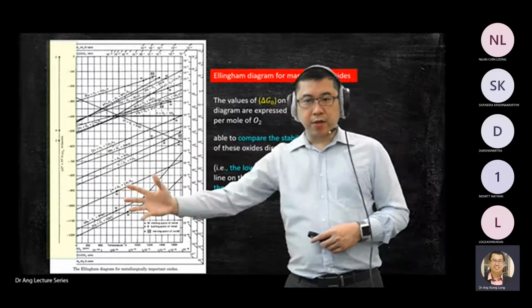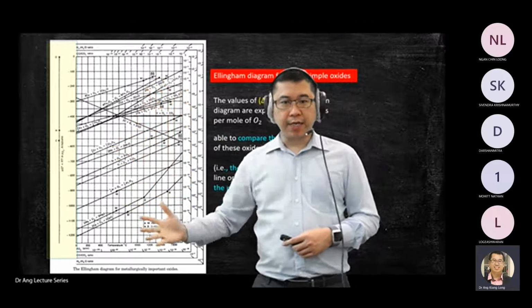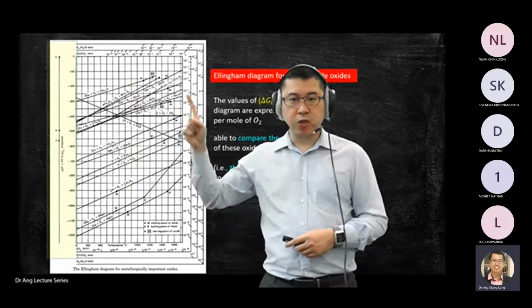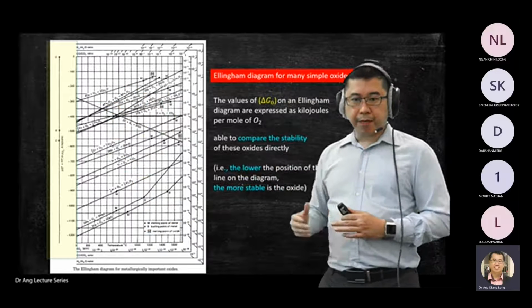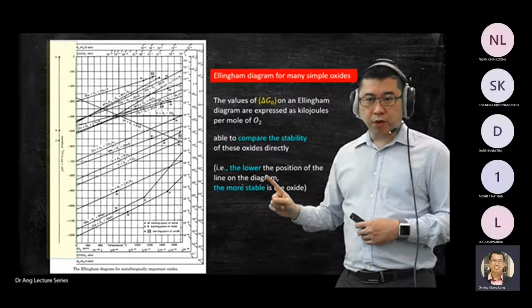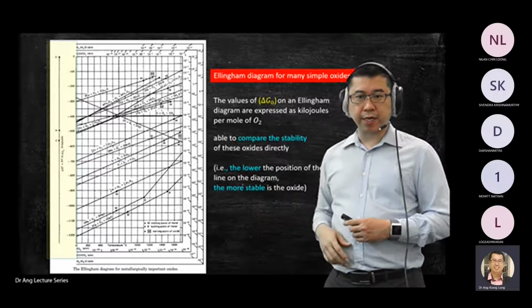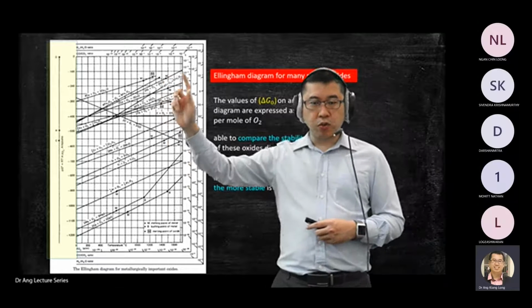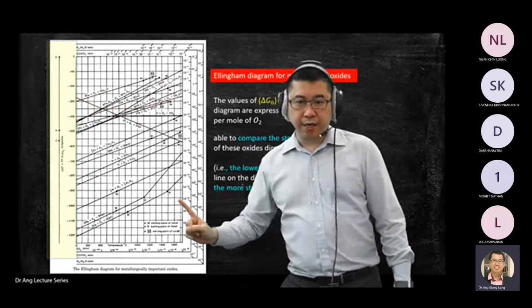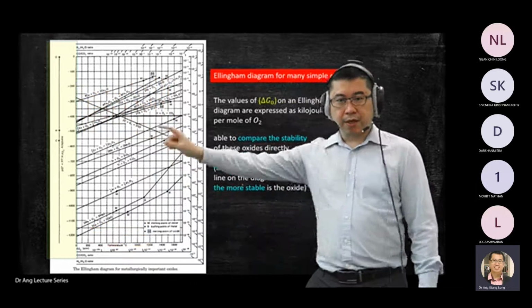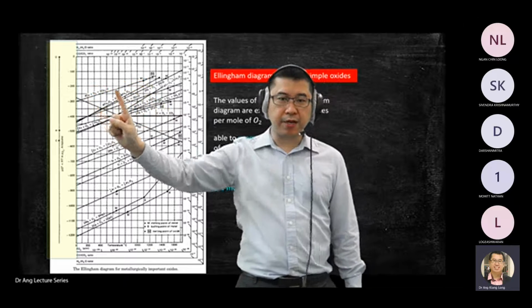Again, this Ellingham diagram is to observe oxides. All these lines are referring to oxides. For example, the lower the position of the line on the diagram, the more stable the oxide is. Let me take two extreme examples: you see this line and the last line here. If you compare the oxides, there's a description on top for the name.